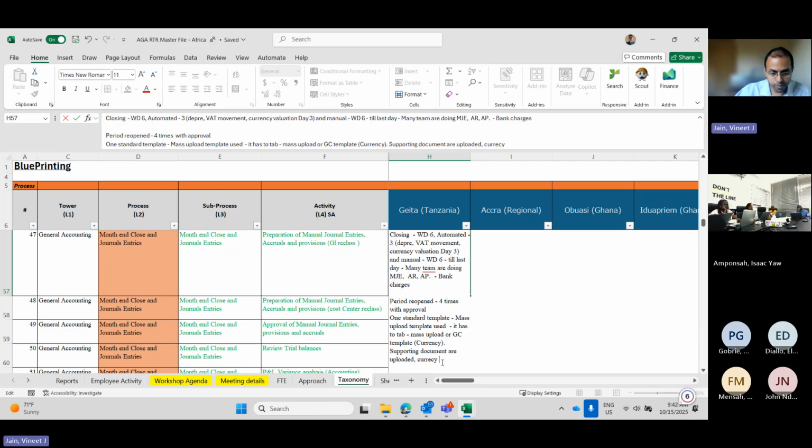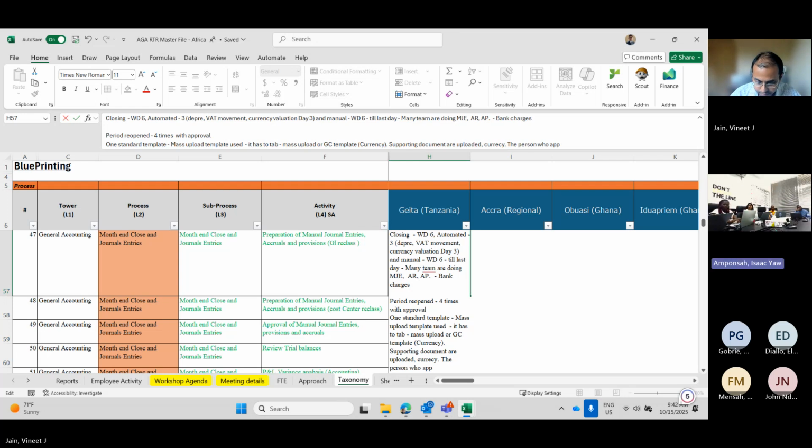So with your approval, it gets posted automatically? No, it's not automatic. In AGA's world, the person that is posting the journal is approving it as well, because they're happy with the supporting documentation, they're happy with the debits and credits, and it makes sense.